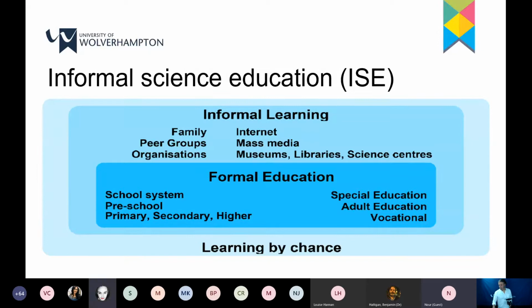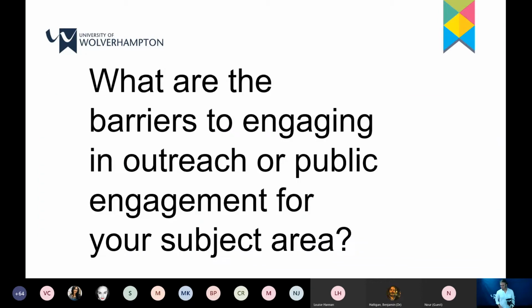Of course there is going to be some learning by happenstance involved as well, but really we're in this informal zone. So what I want to do is put out this question.